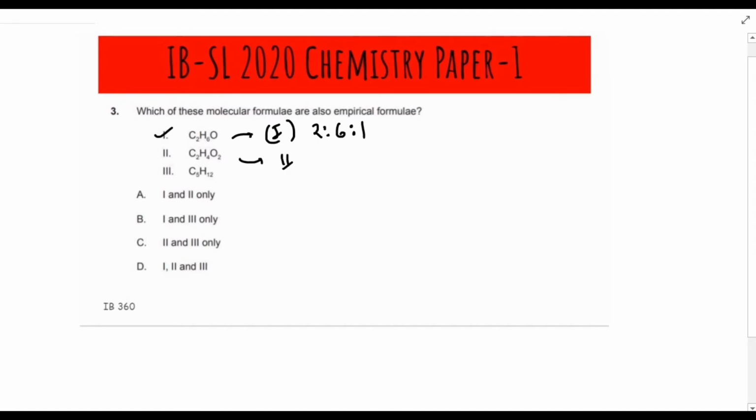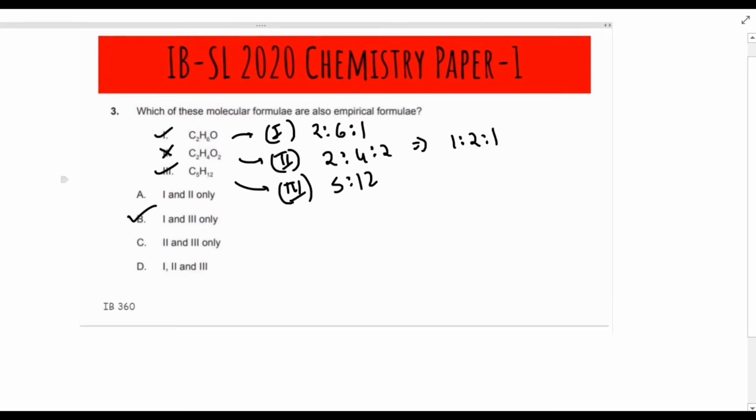For the second one, the ratio is 2:4:2, but this ratio can be reduced to 1:2:1. The second one is not an empirical formula, but it's a molecular formula. For the third one, the ratio is 5:12. Again, we cannot reduce 5:12, so the third one is also an empirical formula. So our answer is option B.